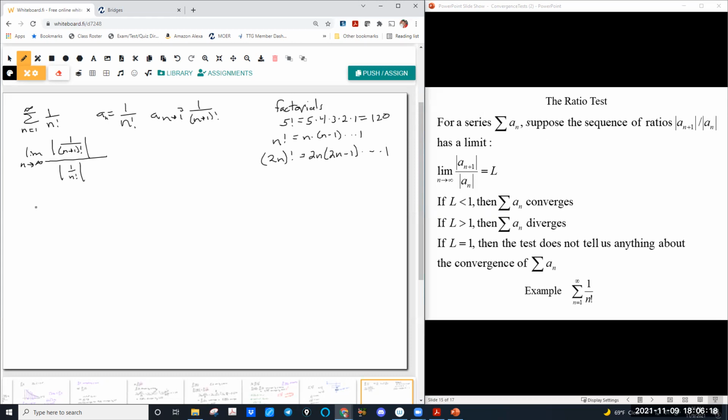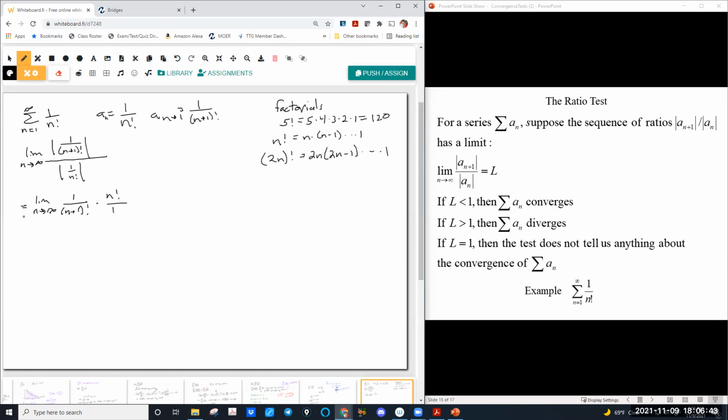Every single time you do this, and this is why I'll skip this first step from here on out, the very first thing you do is flip the bottom and multiply. We don't need the absolute values anymore: 1 over n plus 1 factorial times n factorial over 1.